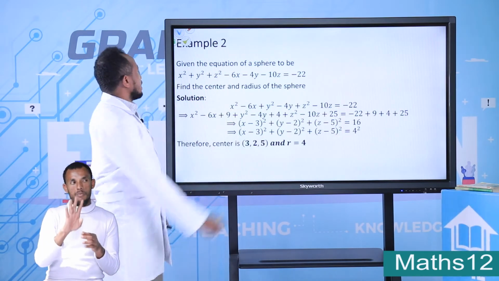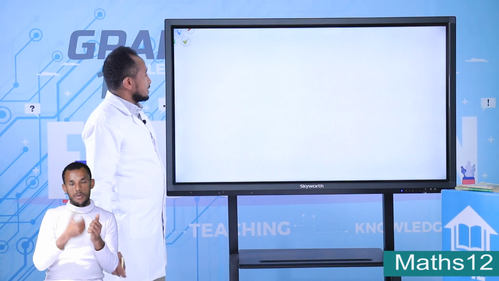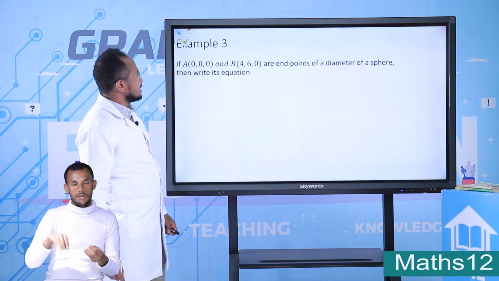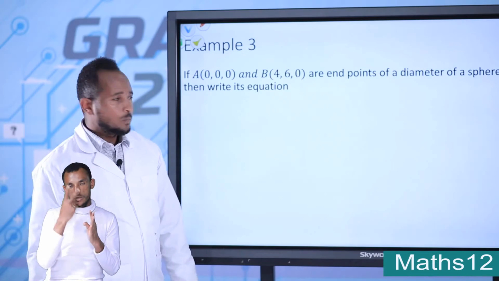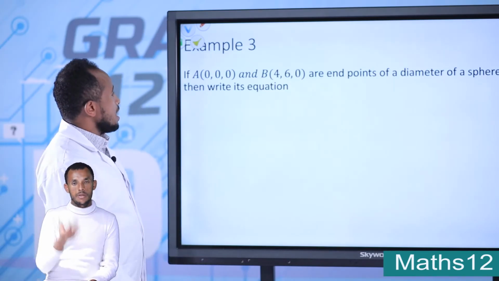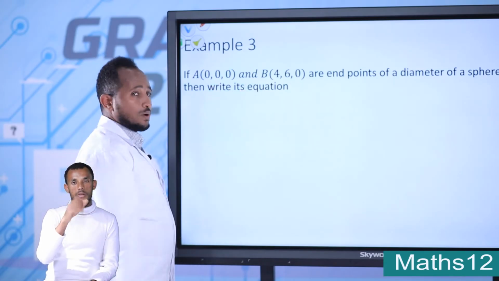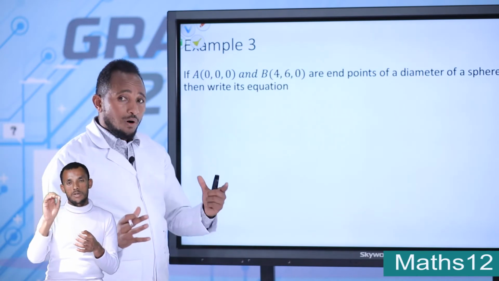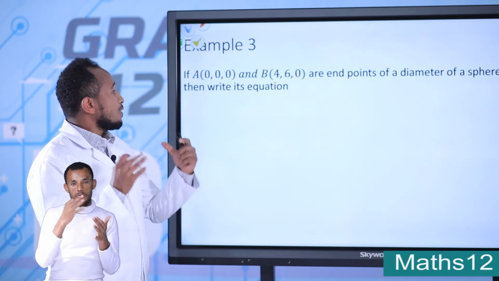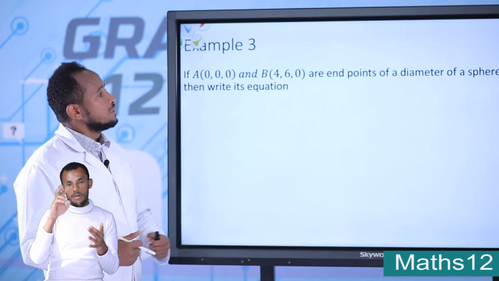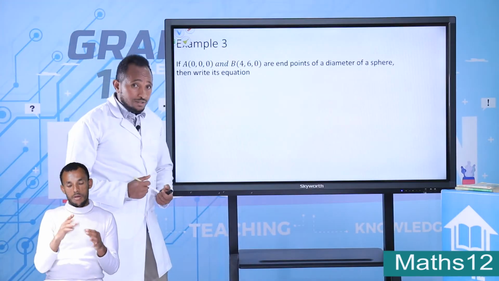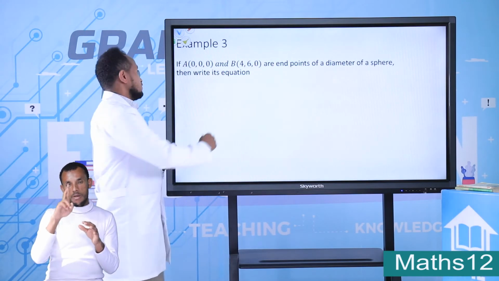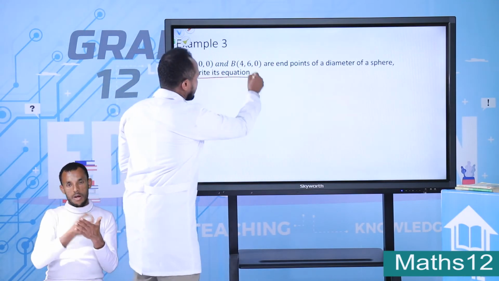So that's it. Now let's proceed to an additional example. Let's see this one. If A is 0, 0, 0 and the coordinate of B is 4, 6, 0, these are the endpoints of the diameter of a sphere. We are asked to find or write the equation of the sphere.